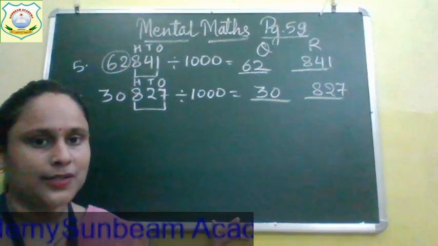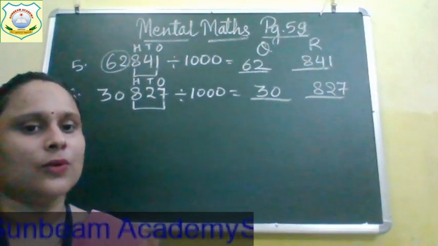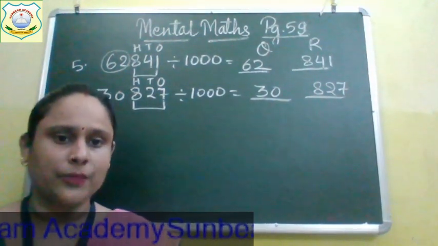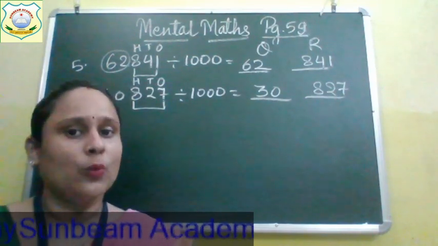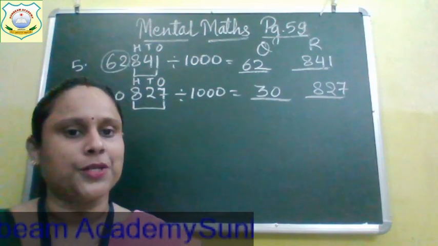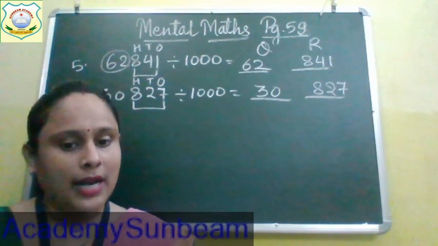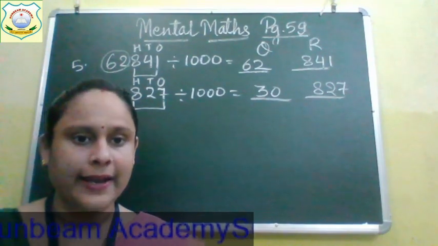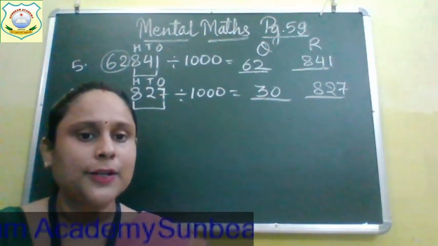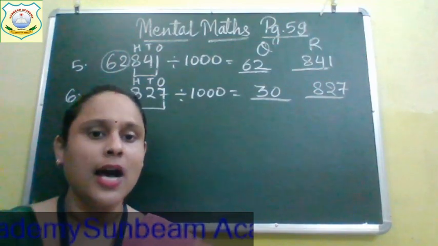Here, understood? So this is how if we divide any number by 1,000, we will get the quotient and remainder without going for the long division method. So children, up to question 6 of Mental Maths page 59 I have done in the class. The remaining two questions you will do as homework.